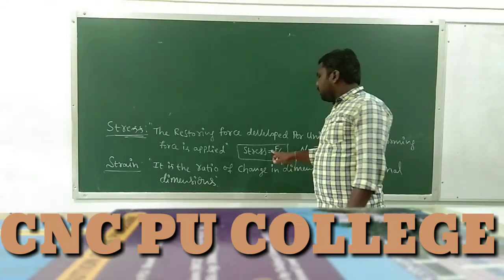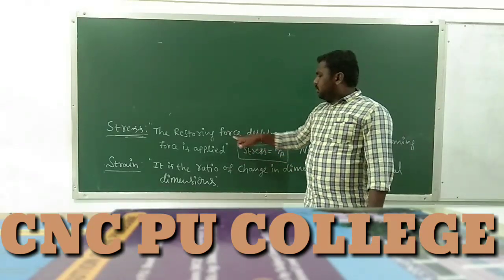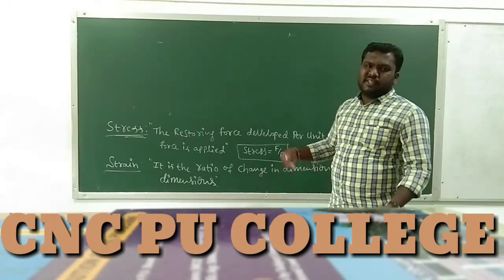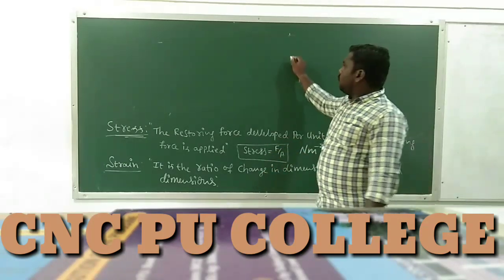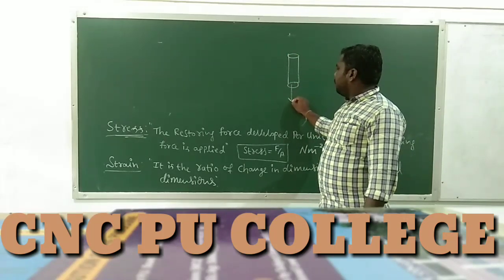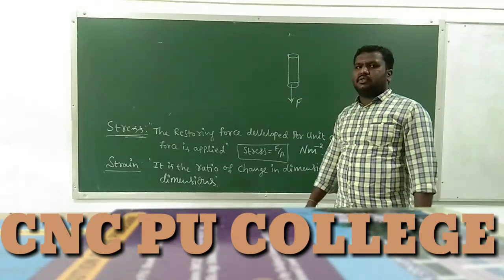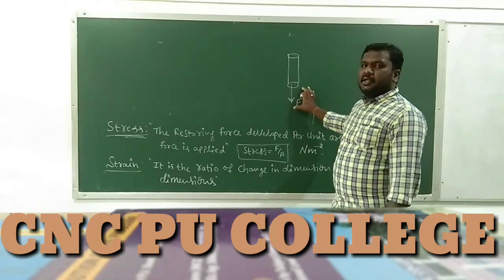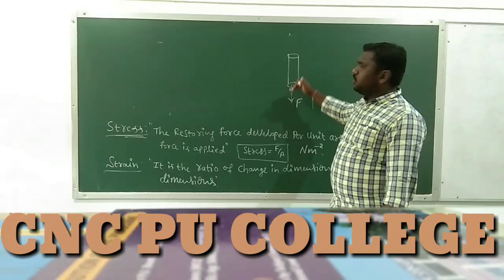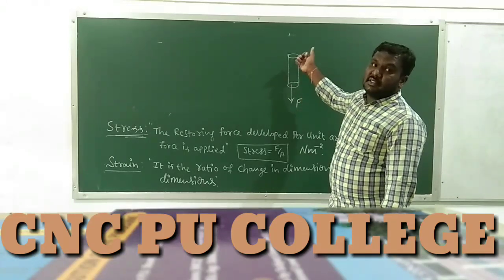See, if the stress is more, obviously there will be more strain. Observe it. I am applying greater deforming force. Now ಜಾಸ್ತಿ deforming force apply ಮಾಡ್ತಾ ಇದ್ದೀವಿ. ಅದರ restoring force ಸಹ ಏನಾಗುತ್ತೆ? ಜಾಸ್ತಿ ಆಗುತ್ತೆ.